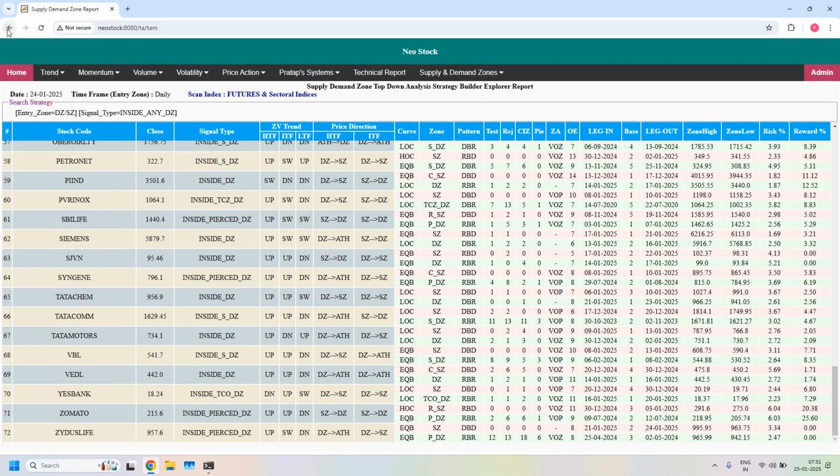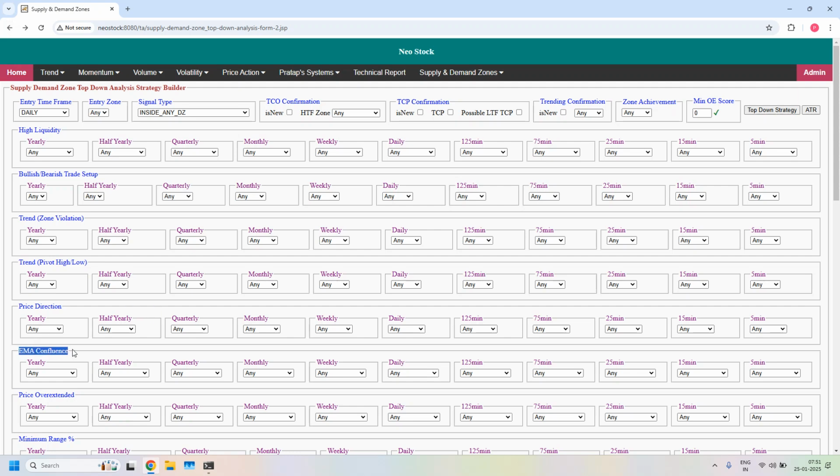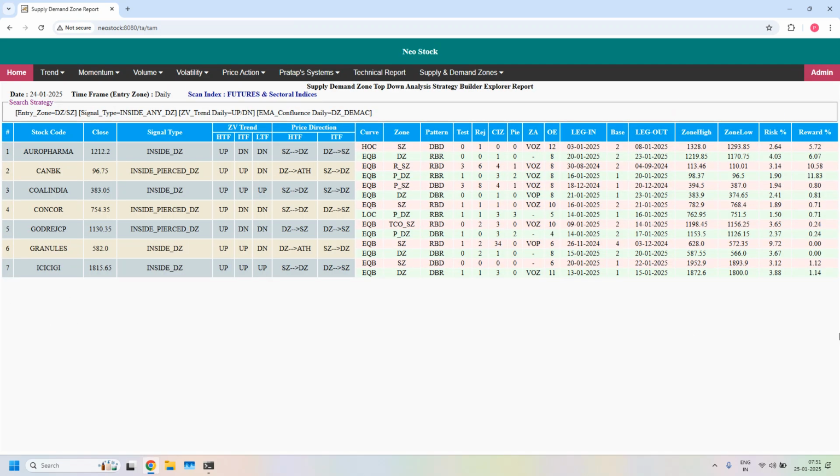Out of these 72, how many of these daily demand zones are having daily EMA Confluence? Let's verify. In the EMA Confluence at a daily time frame, I am setting the filter daily demand zone having daily EMA Confluence, and trend on the daily time frame can be either up or down but not sideways. With these filters, we got only 7 stocks.